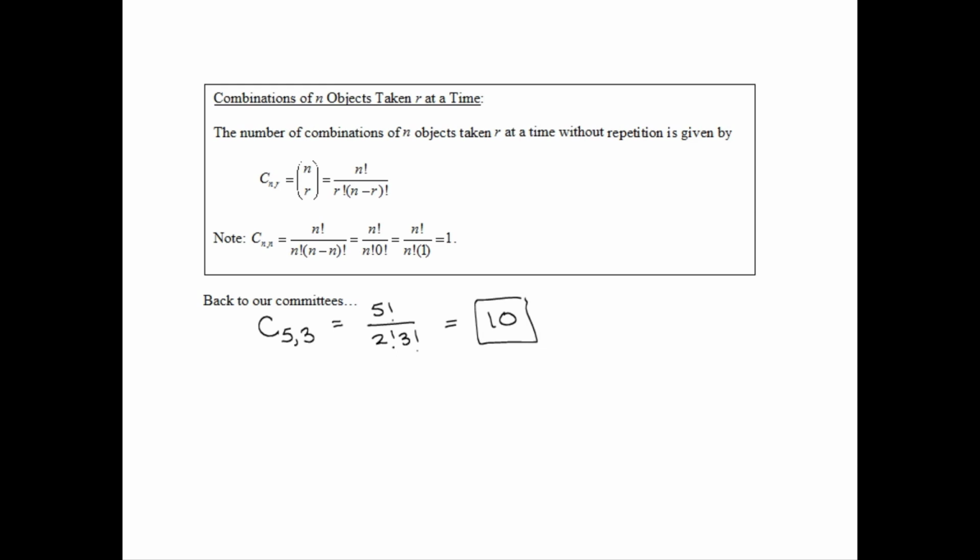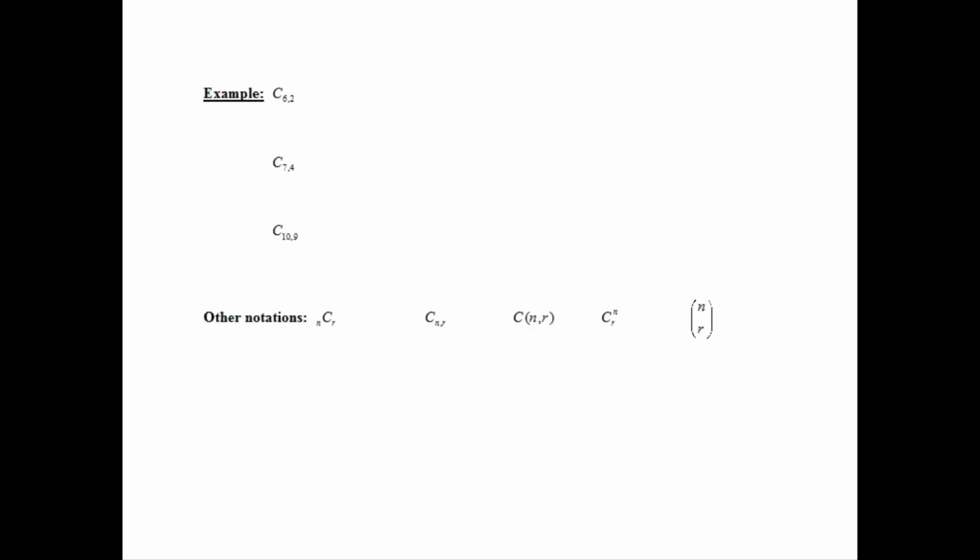Okay, let's practice a few combinations to make sure that we can do it in our calculator. Again, you should duplicate these using the combination function on your calculator as well as the factorials to make sure that you can do it both ways. Here we'll have 6 factorial. What this means is the number of ways that we can take 2 out of those 6 objects and lay them aside, not putting an order on them.